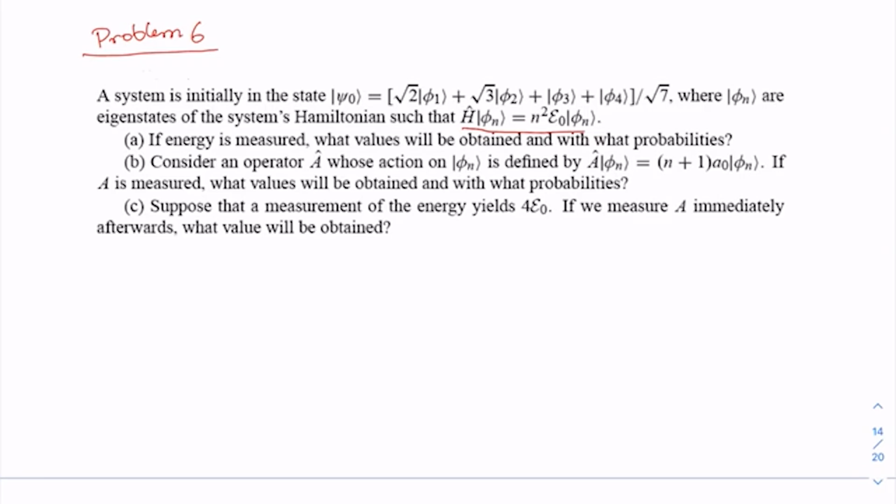In part B, consider an operator A whose action on phi n is defined by this eigenvalue equation. If A is measured, what values will be obtained and with what probabilities? Finally, in part C, suppose that a measurement of energy yields 4E0. If we measure A immediately afterwards, what value will be obtained? So let us do it.